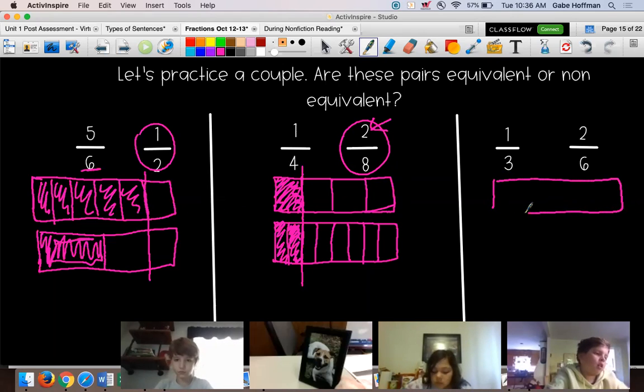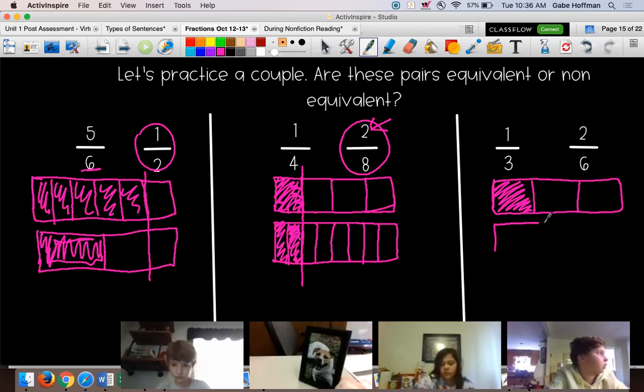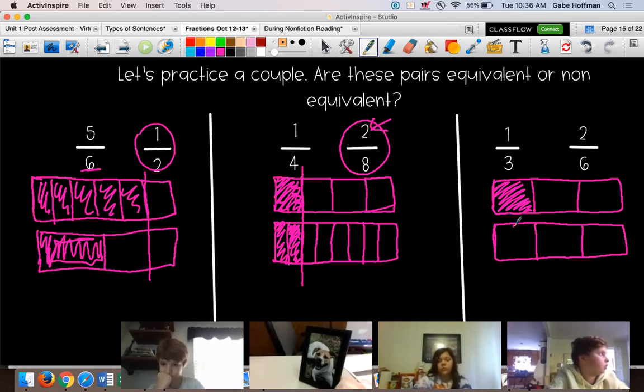So we have 1/3 and 2/6. I'm gonna shade in 1 out of my 3 on the first one. Then Alejandro, how many equal pieces am I gonna split this next one up into? 6. 6, and how many am I gonna shade in? 2. Yep.